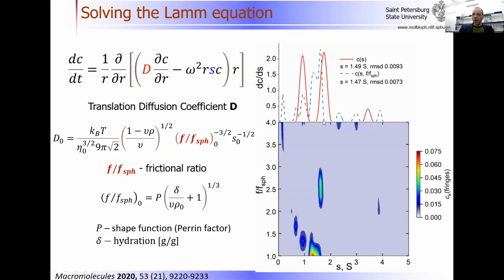Here you can see different solutions of the Lamm equation, which equally well represent the present set of sedimentation profiles. So numerically, we have the same systematic error in both cases. These distributions are equally possible, and we see that the average sedimentation coefficients are the same.